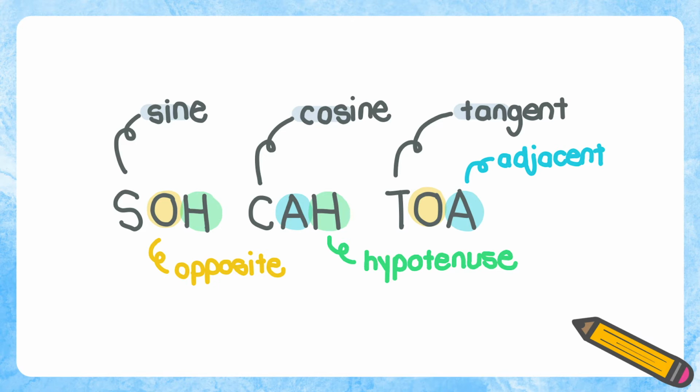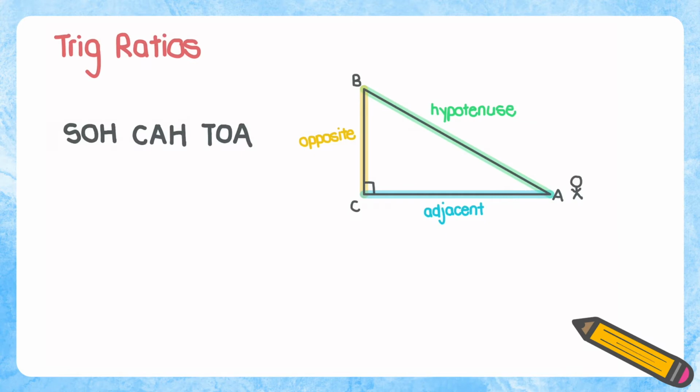So we've looked at what the acronym stands for. Next, let's apply it back to our triangle from earlier. So here's the acronym SOH CAH TOA, along with the triangle from earlier where our person is standing at angle A. And we're going to write out some trig ratios based on the acronym.